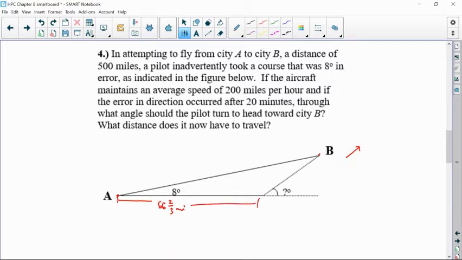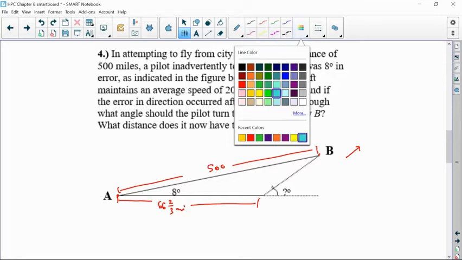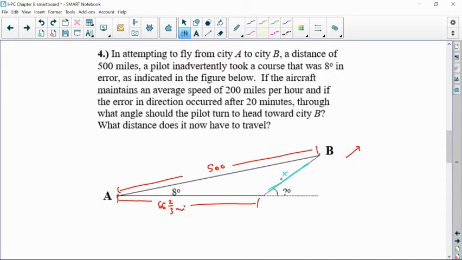So definitely not drawn to scale. And then this is 500 miles from A to B. Okay, and I know that's an 8-degree error. So automatically I'm seeing SAS. I can think law of cosines. And law of cosines would allow me to figure out this missing side length here, call that x, because it's opposite the angle that I'm given.